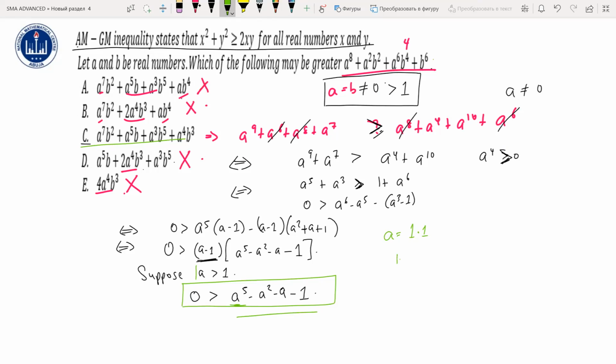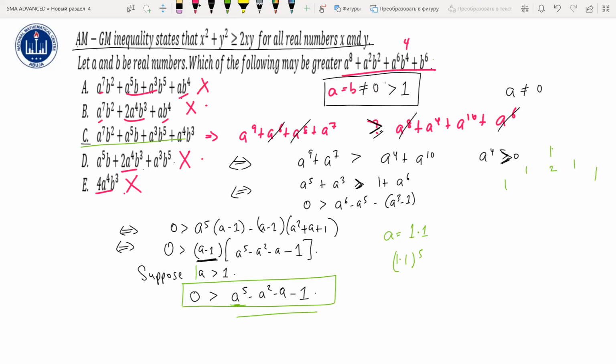So 1.1 raised to power 5 can be found. From the Pascal triangle, if you remember, 1.1 to the power 3, or 11 to the power 3, they all have the same structure. So this is like 11 raised to power 4. I believe I've heard of this before.